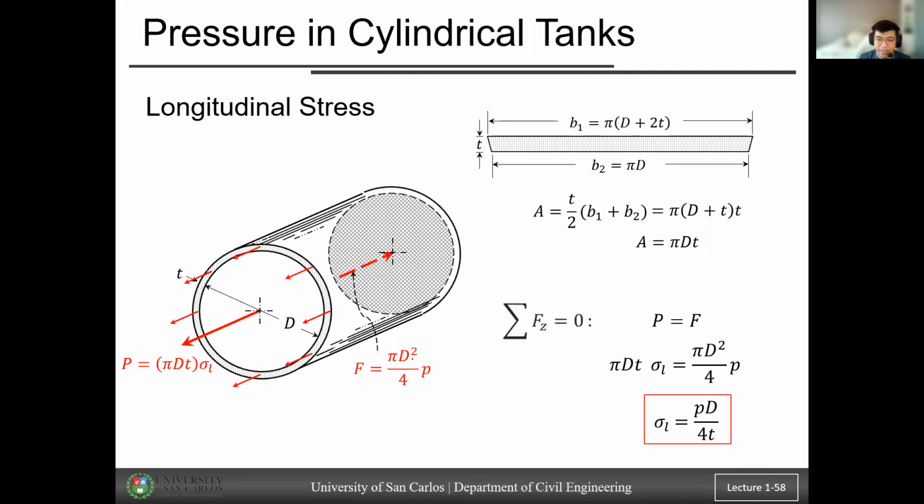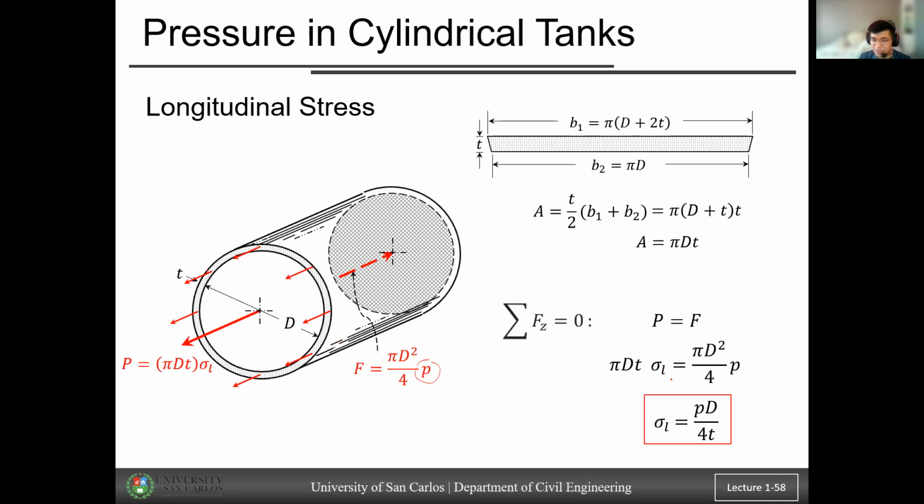So we have pi d squared over 4 times the density of the liquid. So water and mercury have different types of density.